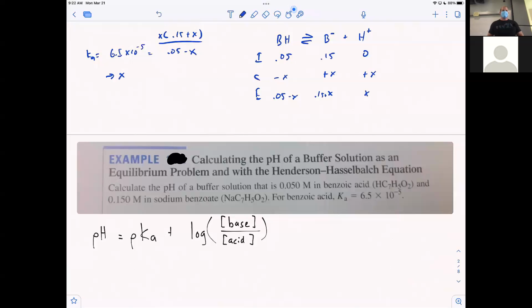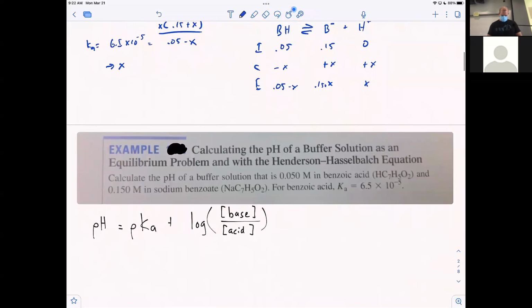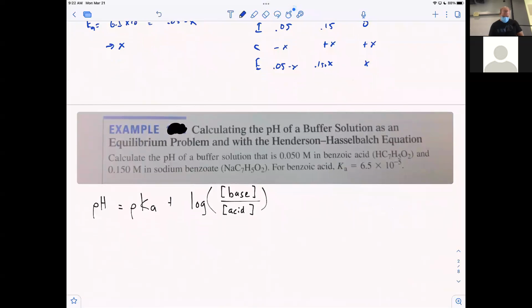That looks like a pain. Instead, we can just do the Henderson-Hasselbalch equation. So the pH equals the pKa, which is minus log of 6.5 times 10 to the minus 5, plus the log of the concentration of the base. So the base is 0.15 over 0.05. So you just do that in one fell swoop.